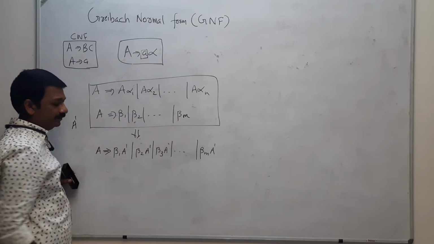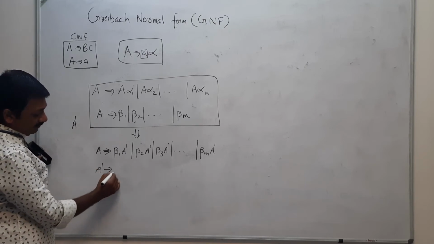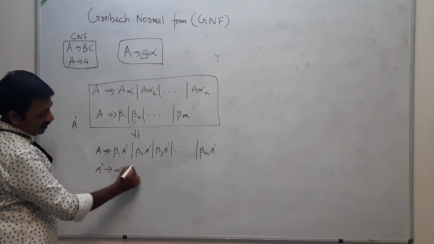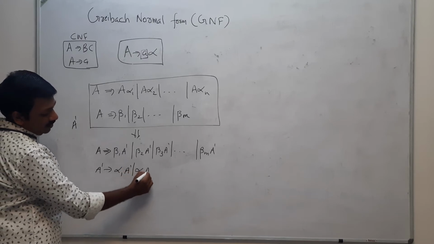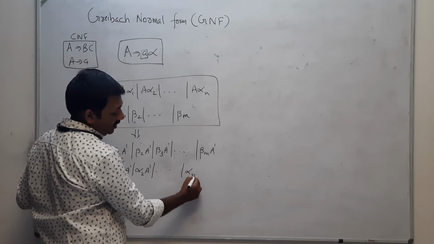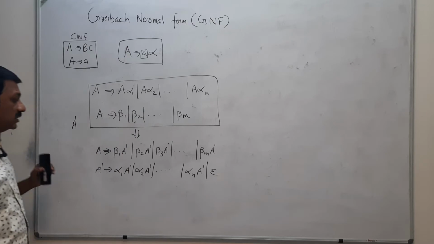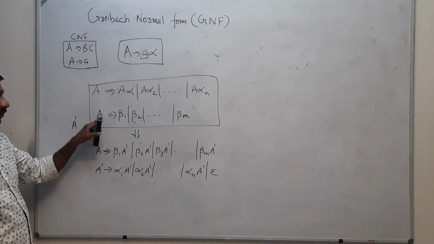Now, what is A dash? A dash derives alpha 1 A dash or alpha 2 A dash or etc. up to alpha n A dash, or the last one is epsilon. This is the equivalent of this.